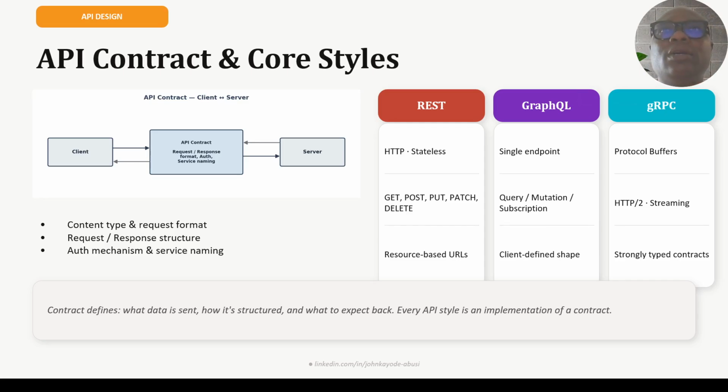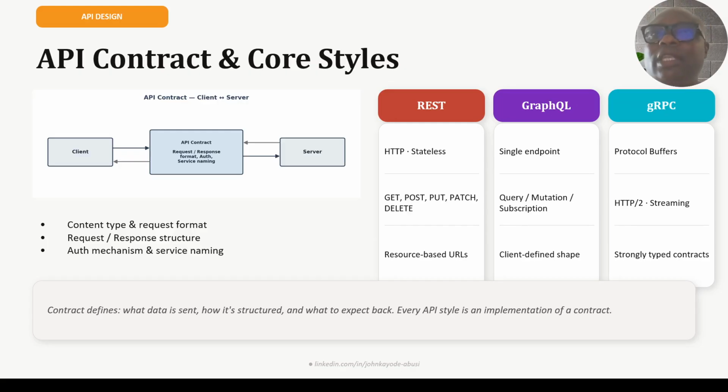REST makes use of HTTP and it's stateless. When it's stateless, it means the REST API embodies every piece of information it needs for that session. That's why it doesn't have to rely on historical records or information somewhere else to perform its complete job. GraphQL is a single endpoint.